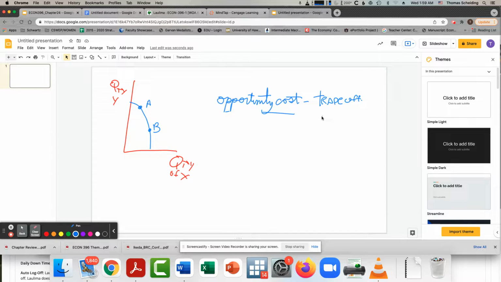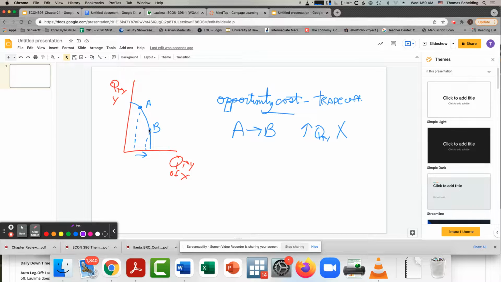What is the sacrifice? In this case, to go from A to B represents an increase in the quantity of good X, which we see right there.